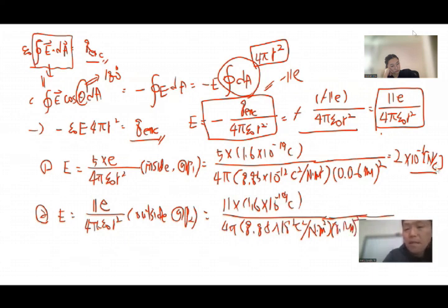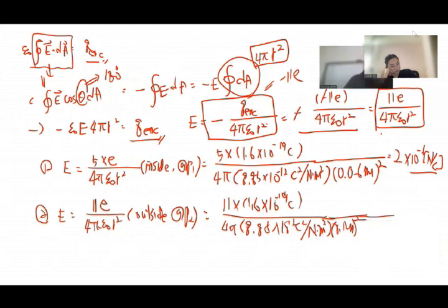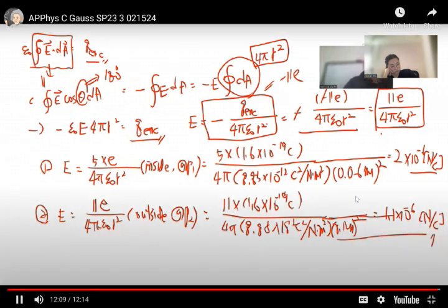So from that, the electric field at point 2, P2, is 1.1 times 10 to the 6 newton per coulomb. Okay, that is the answer for 23.3. So before moving on to the next one, any questions about this problem?